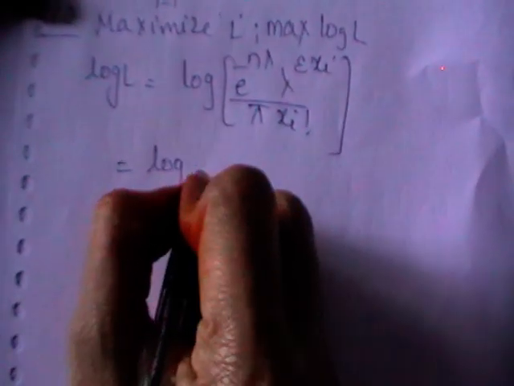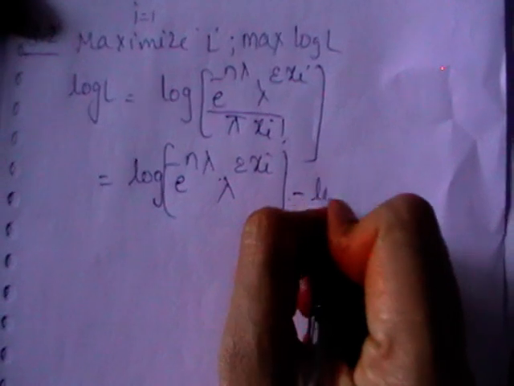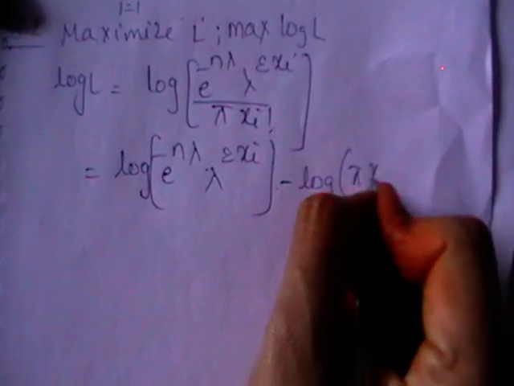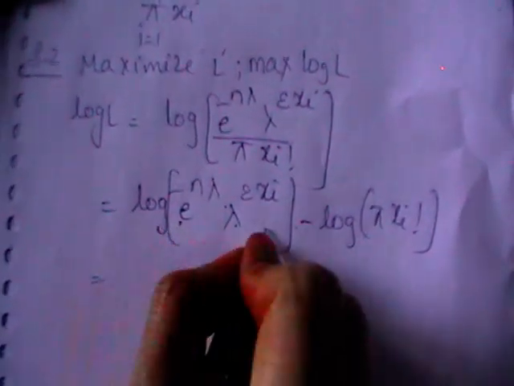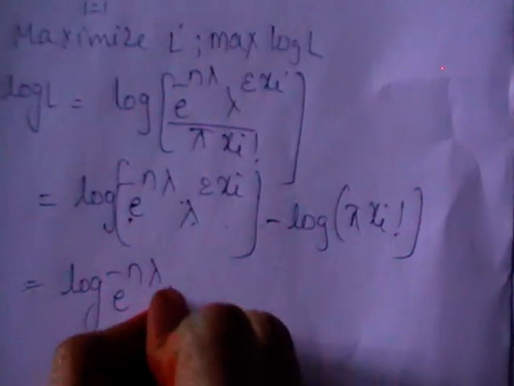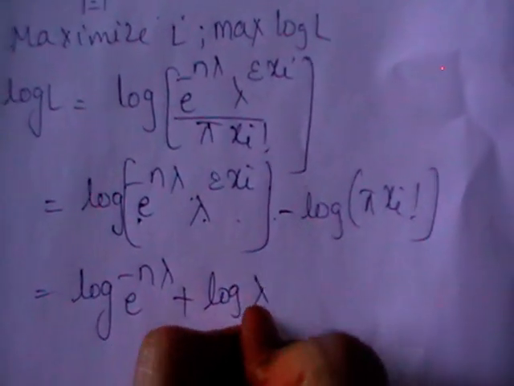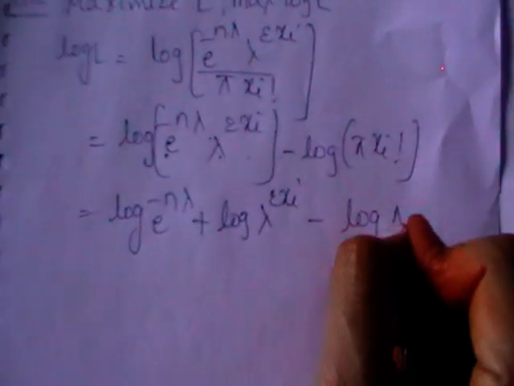Log L is in the form of log of A by B, which is log A minus log B. Again, log of AB is log A plus log B. So log e power minus n lambda plus log lambda power sigma xi minus log product i equal to 1 to n of xi factorial.